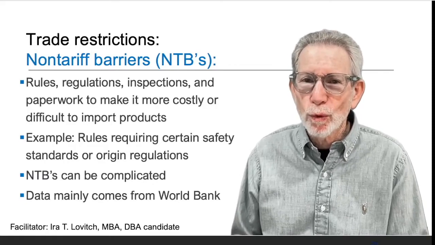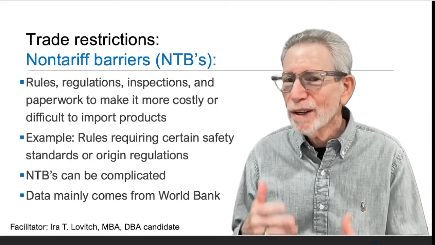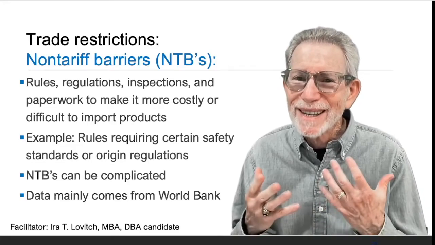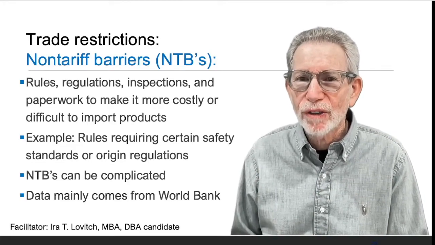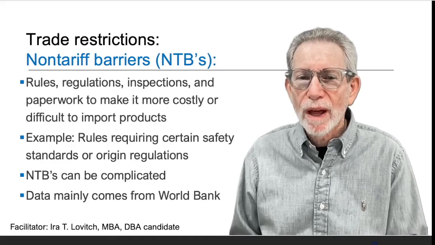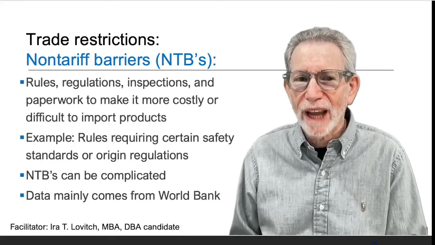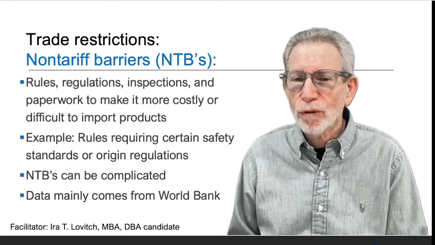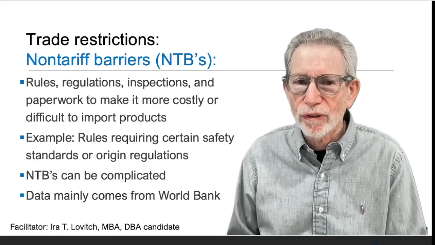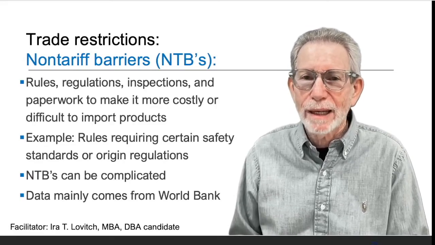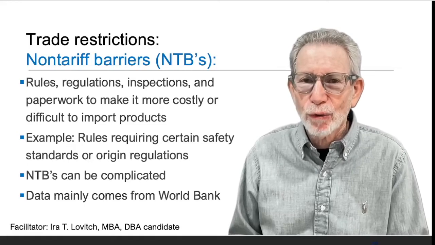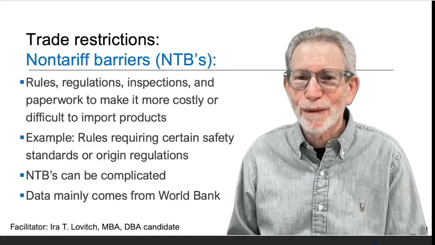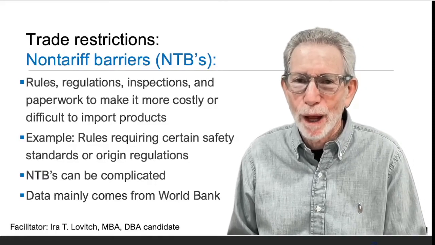So there are essentially rules, restrictions, inspections, different types of paperwork, anything that might make it more costly or even difficult to import products. An example might be a rule that requires certain safety standards or origin regulations that might not even allow certain items from certain countries because that's an item or a commodity that country is producing heavily, and they don't want any competition coming in from an outside company from another nation.